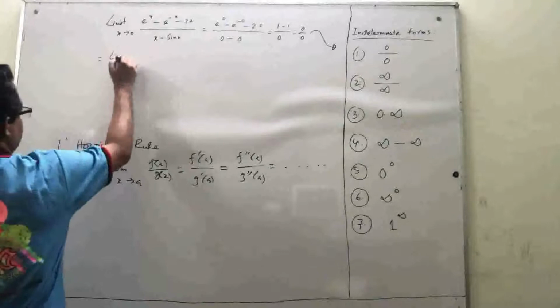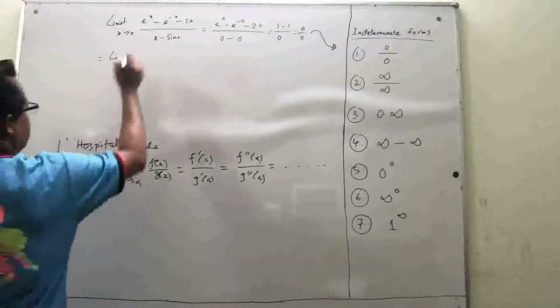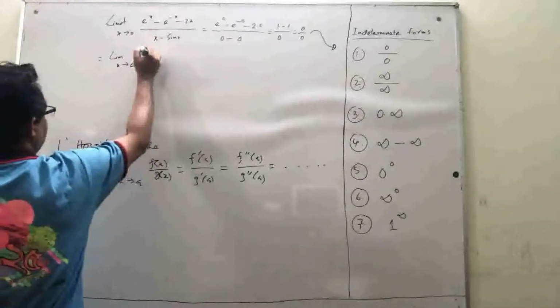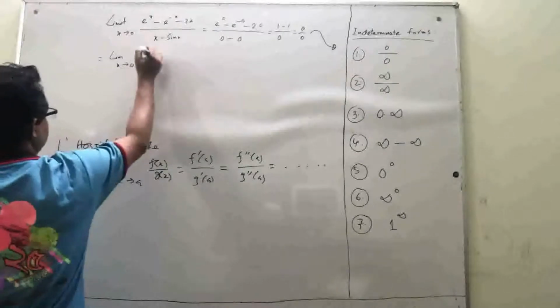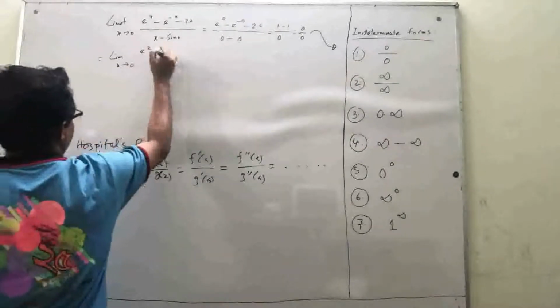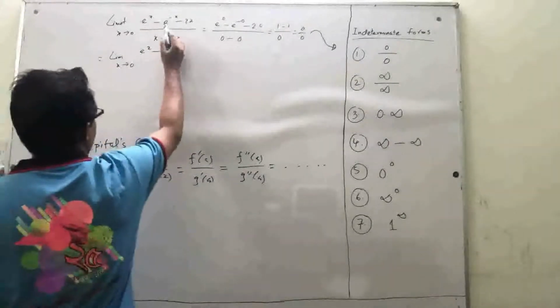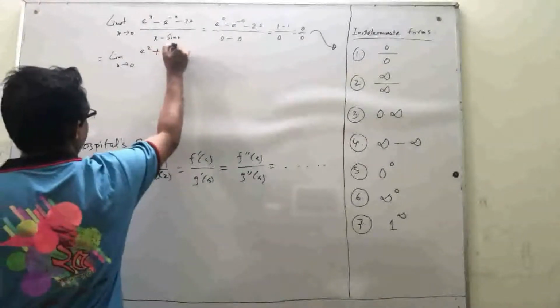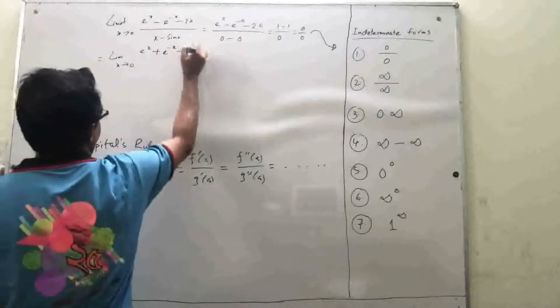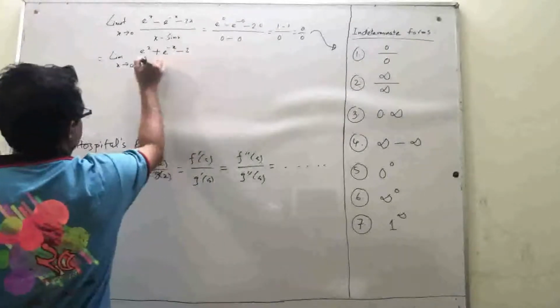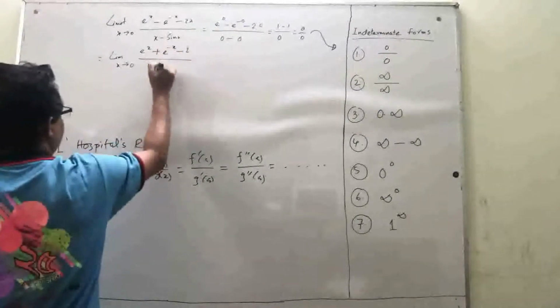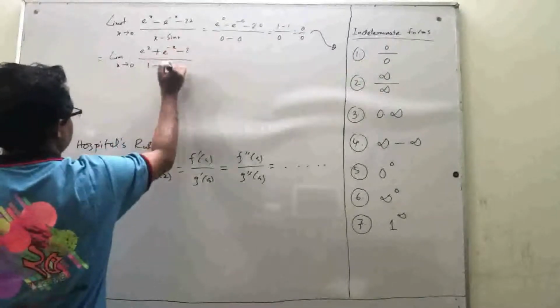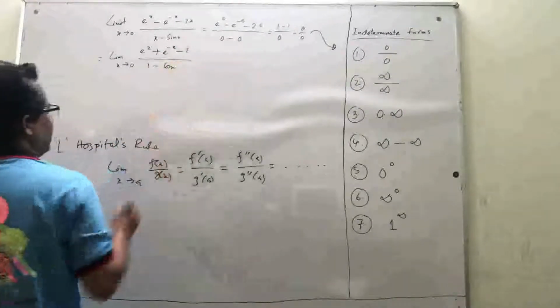Limit x tends to 0, the differentiation of e to the power x with respect to x is e to the power x, minus the differentiation of e to the power minus x, that is minus e power minus x, minus 2, divided by 1 minus the differentiation of sin x, which is cos x.